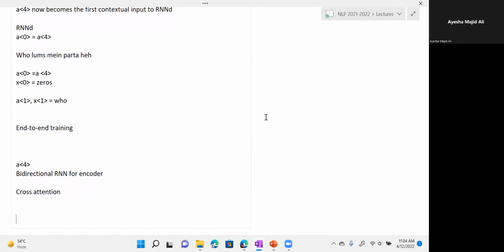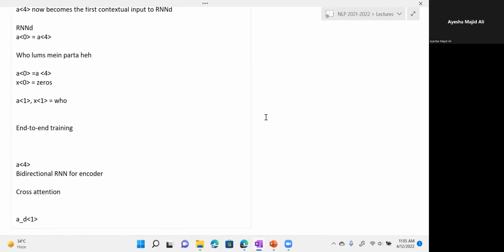we are now going to have attention between the activations of the decoder and the encoder. So let's say I'm talking about the activation of the decoder. Here I put D, the first activation of the decoder. Okay. This is a decoder.